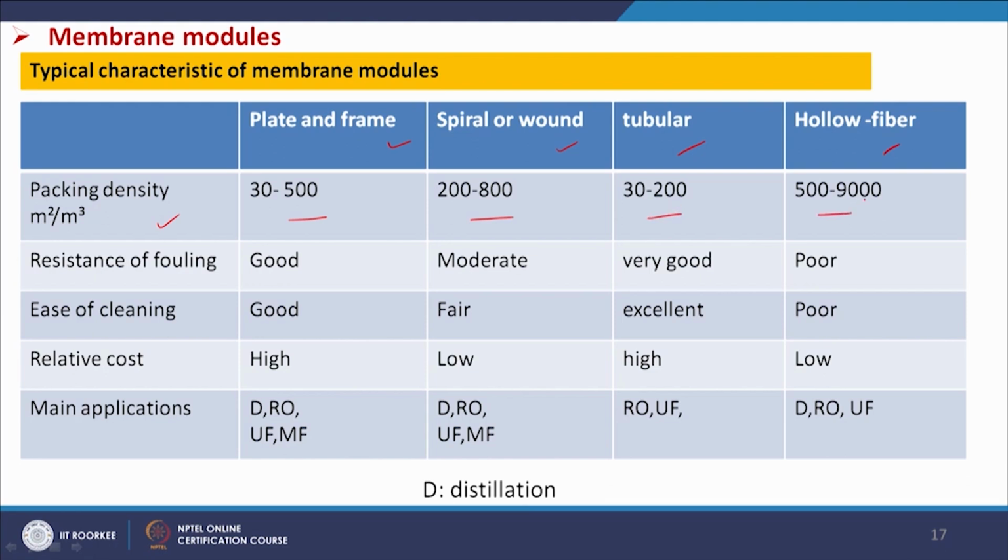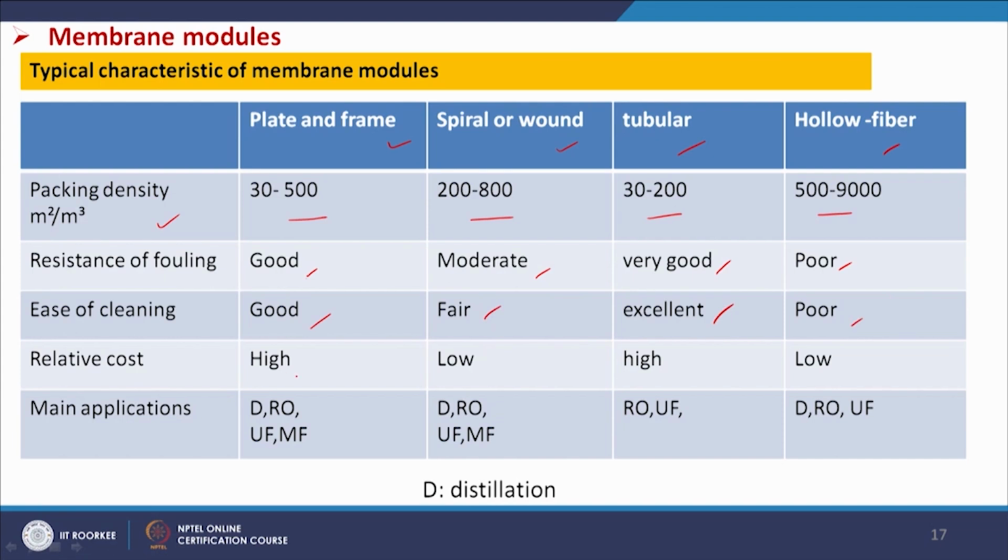So hollow fiber gets much higher packing density than the others. Resistance to fouling: plate and frame good, spiral wound moderate, tubular very good, and hollow fiber poor. Ease of cleaning: good for plate and frame, after a certain interval we can change it; spiral wound fair; tubular excellent; and for hollow fiber again poor.